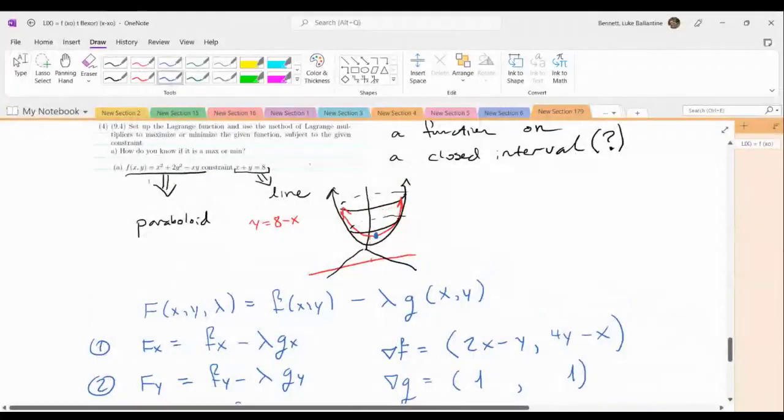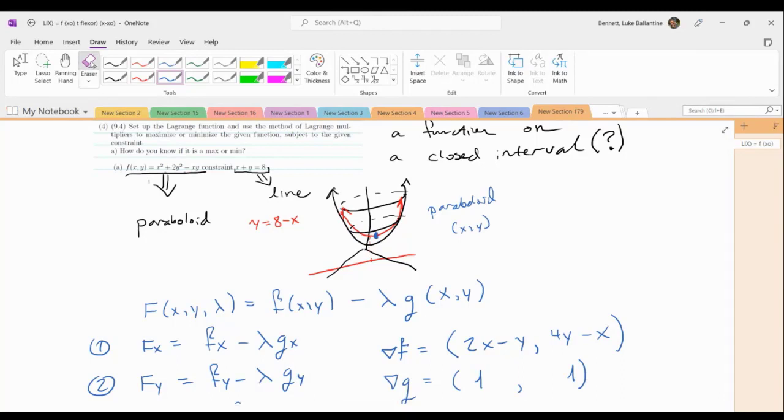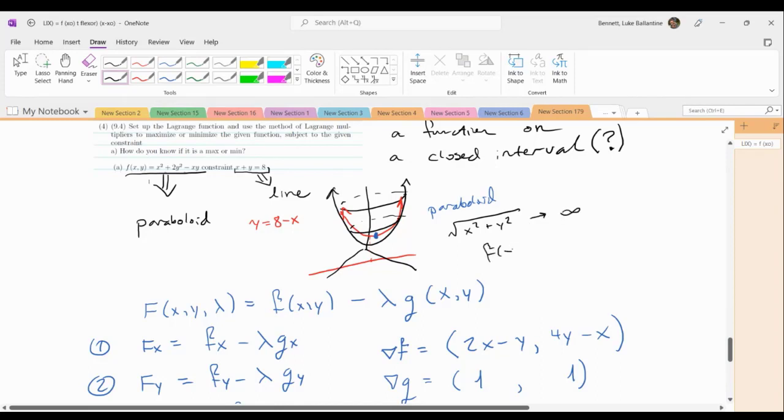So this picture, we know it's a paraboloid. And so as we get further away from the origin, as the square root of x squared plus y squared goes to infinity, f of x, y also goes to infinity.